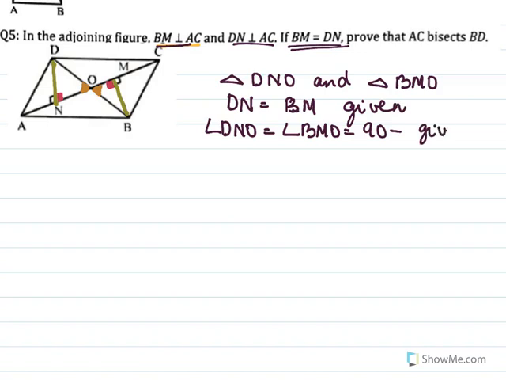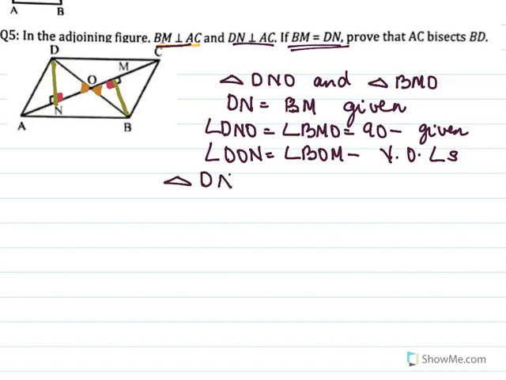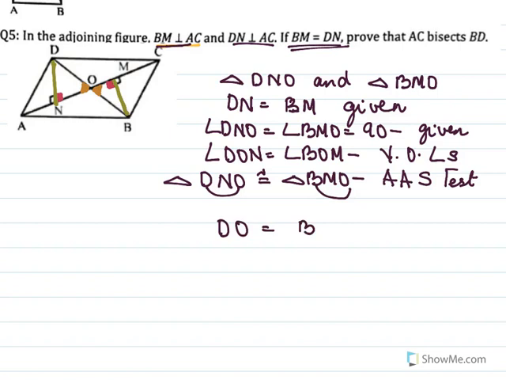This also is given. And then the vertically opposite angles, angle DON equal to angle BOM, and that is vertically opposite angles. So the triangles are congruent. Triangle DNO is congruent to triangle BMO by AAS test. If they're equal, I can say DO equal to BO by CPCT.